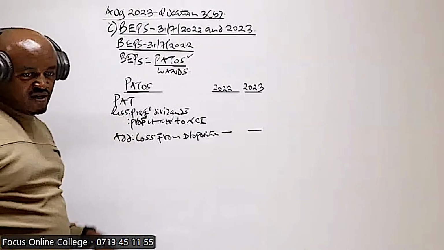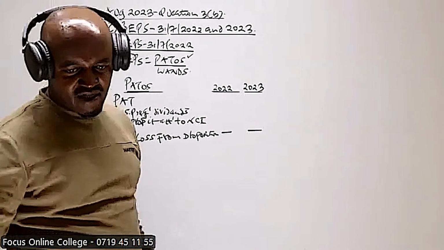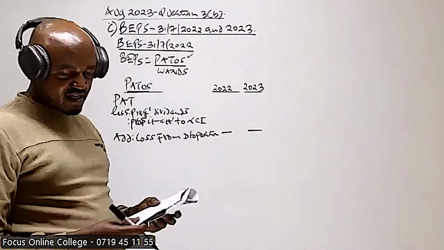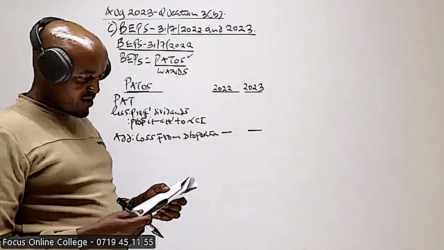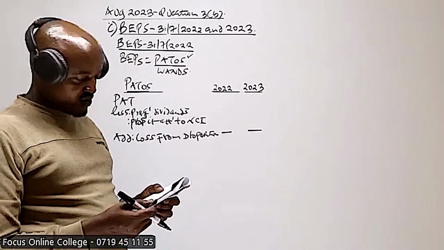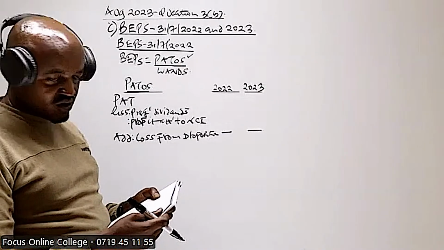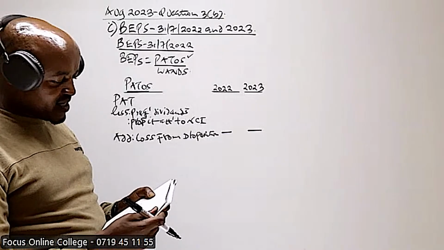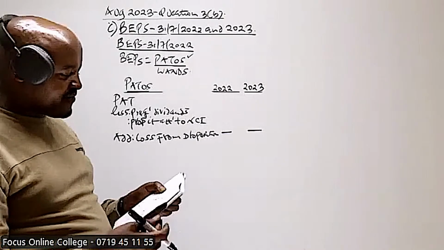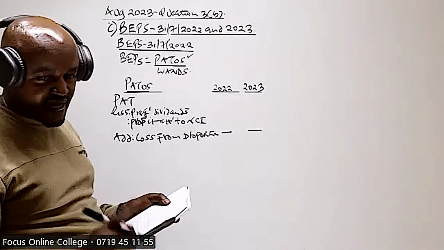So let's start with this one, profit after tax. Where do we have that? We have that below paragraph 1, where we are given the statement of profit or loss. Profit after tax should be below the profit before tax, less tax, and then below that we have the profit for the period.